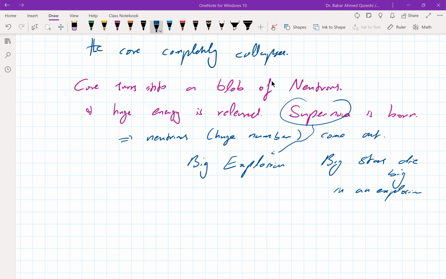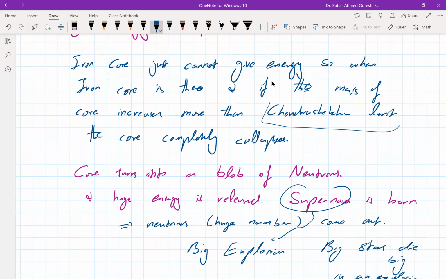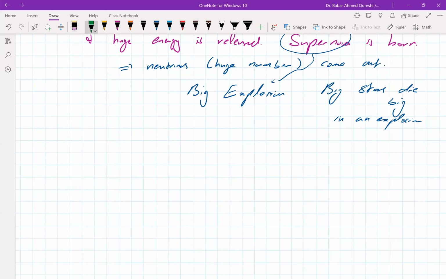The core turns into a blob of neutrons because the Chandrasekhar limit says that the degeneracy pressure just cannot stop it. So the result of this is that the protons and electrons, which are normally separated, are fused. This reaction, which we had studied many times in the class, and we had said that you can move them to the other side of the equation, occurs.